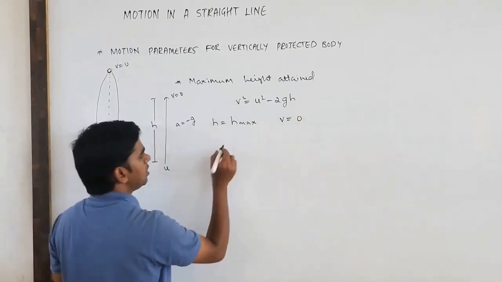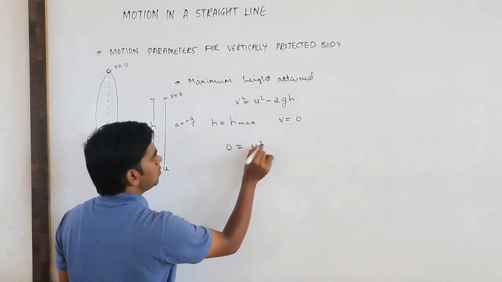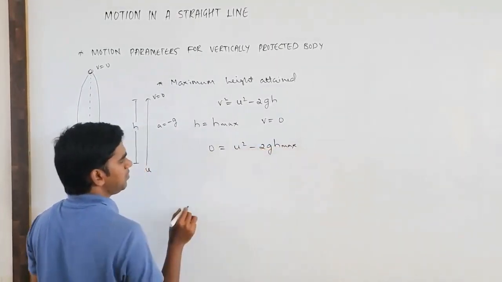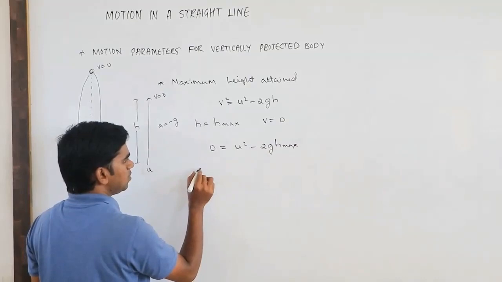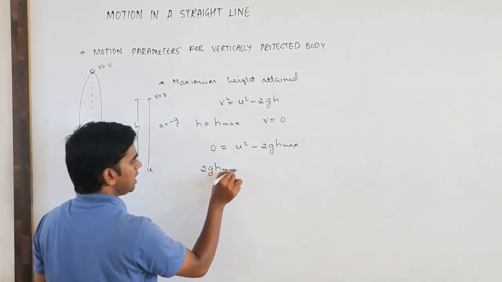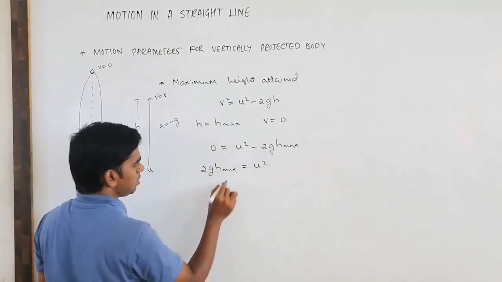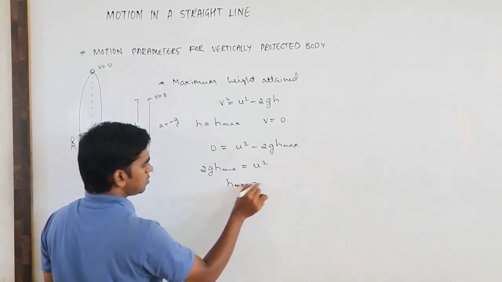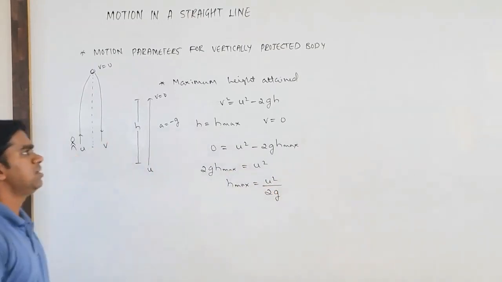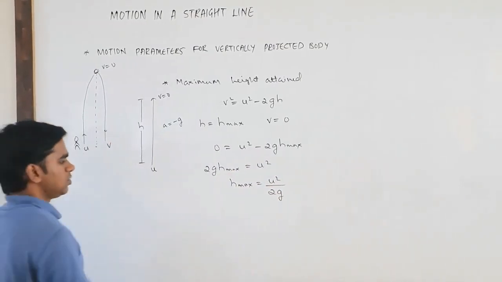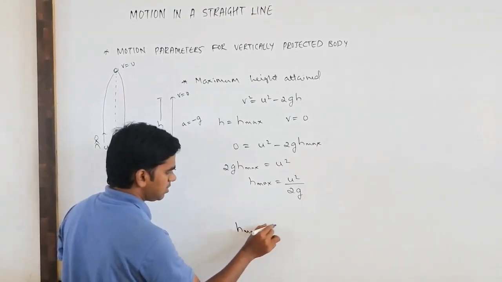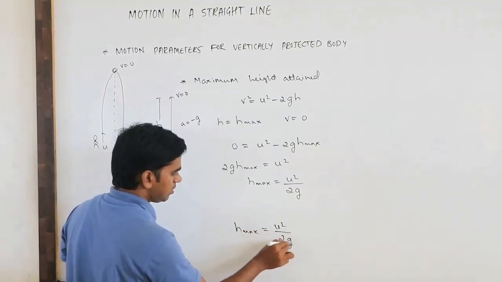So substitute: 0 equals u square minus 2g h maximum. Take this on this side, so 2g h maximum equals u square. So h maximum equals u square divided by 2g. This is the maximum height attained: h maximum is u square divided by 2g.